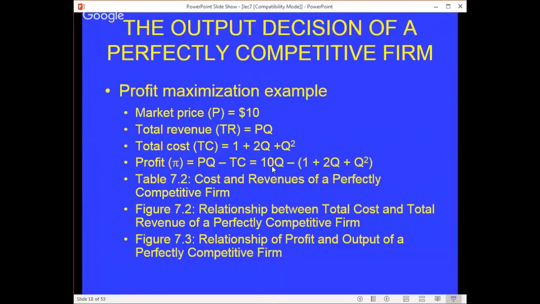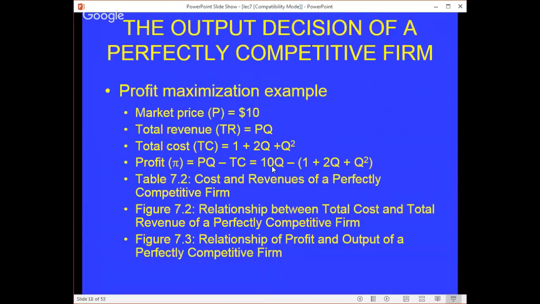Partial is close, but we don't need a partial because the only variable in here is Q. What's the other word for partial if we only have one variable? The derivative. I take the derivative and I set that derivative equal to zero. That's how we maximize the function. We take the derivative, set it equal to 0. We take the second derivative to make sure it's a maximum.